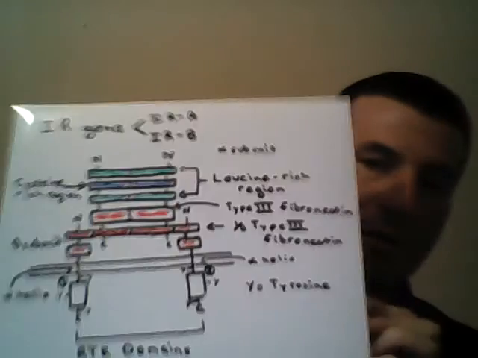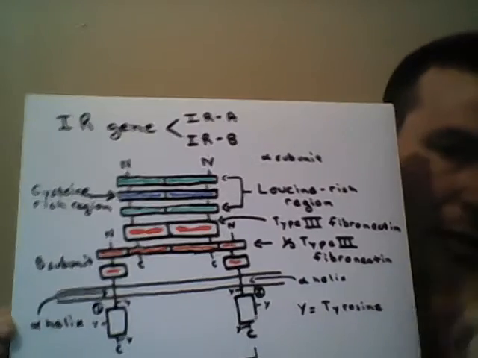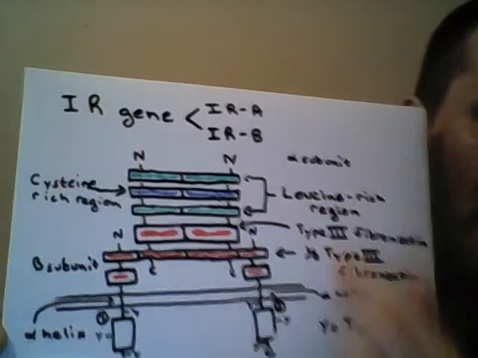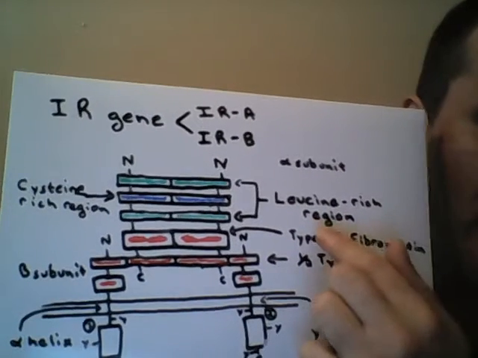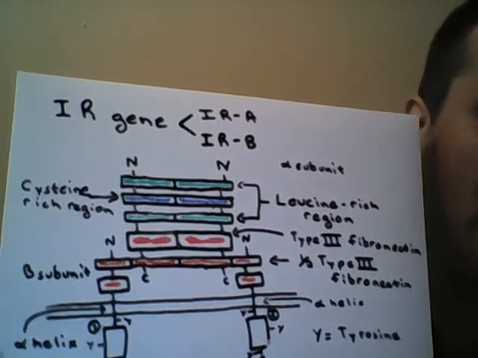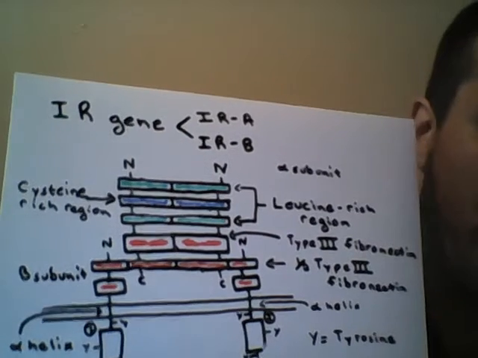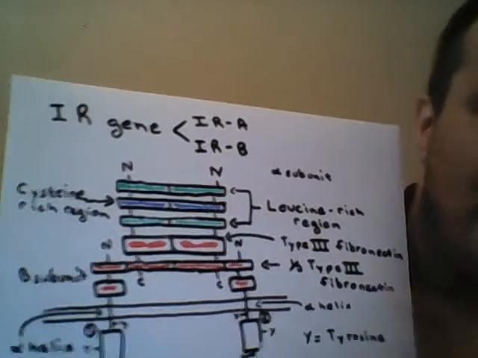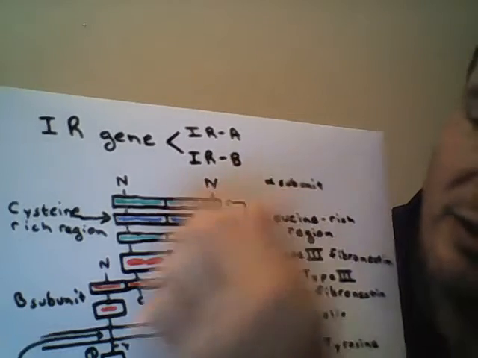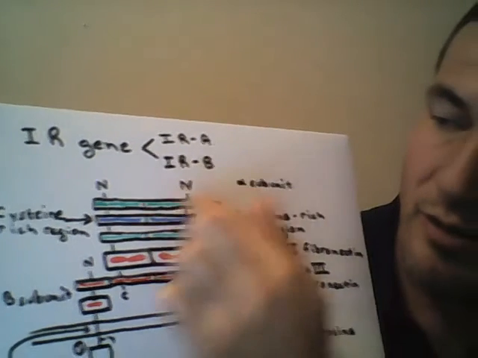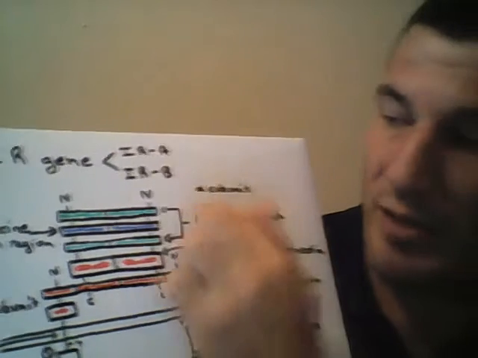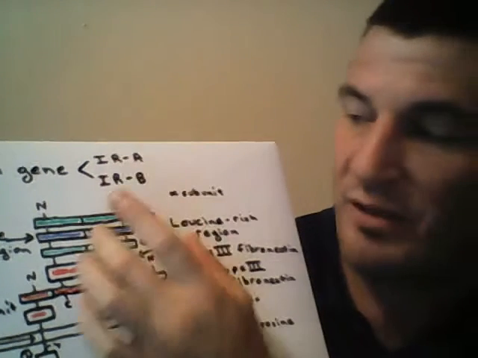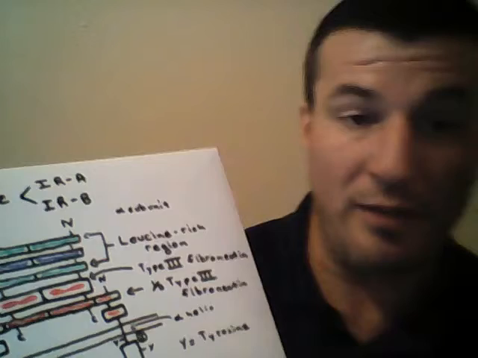The other one right here in blue is cysteine. That's right in the center there. See it? Cysteine. And that's a cysteine-rich region. So there's a lot of cysteine within this domain right here, again within the ligand binding domain.